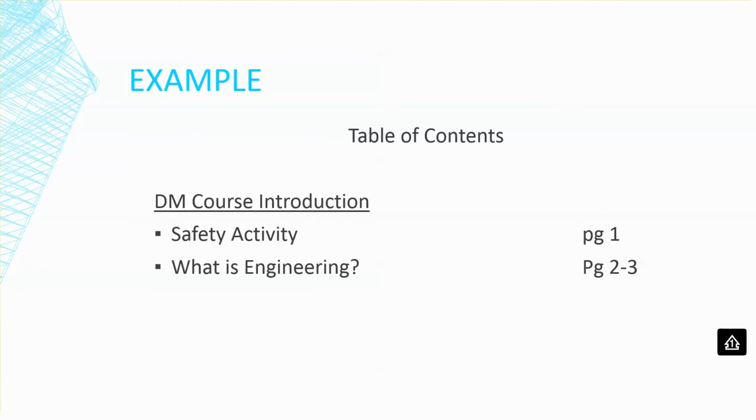So let's look at an example here. If we have our table of contents, the first unit that we do in this course is the Design and Modeling, or DM, course introduction. That's our first unit that we talk about, just an introduction. And the first activity I believe that you do is a safety activity.